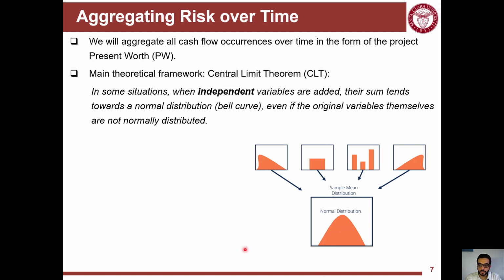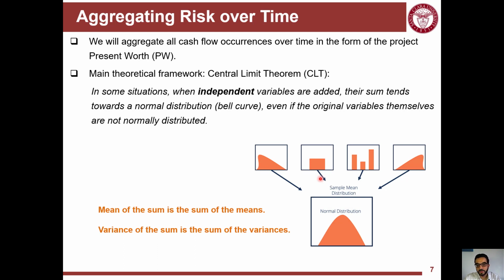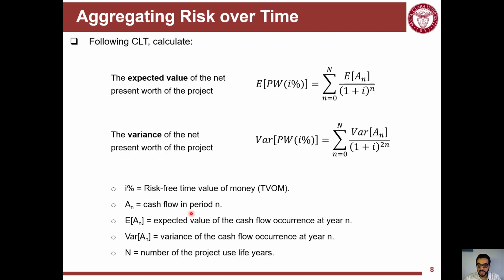So to put it in simple words, what this implies is that the mean of the sum, the mean or the average of it, is the sum of the means of its variables. And then the variance of the sum is the sum of the variances. So to translate that, the expected value of the sum, the present worth of the whole cash flow, is the sum of the means of the individual cash flows.